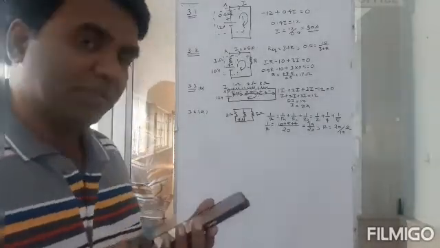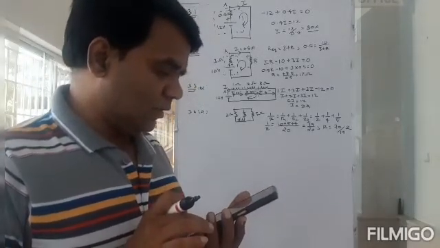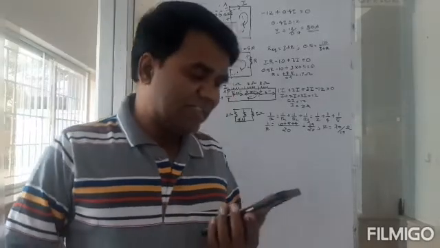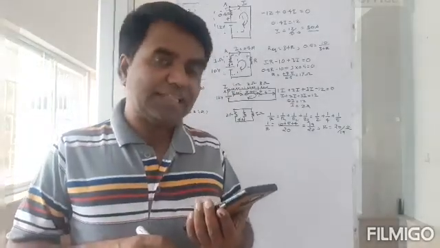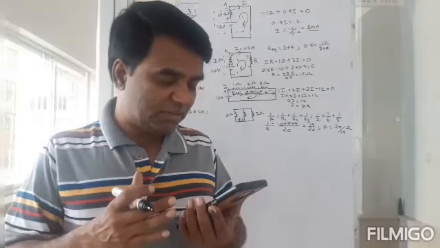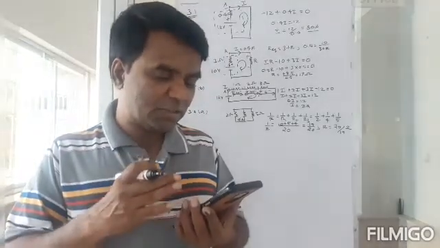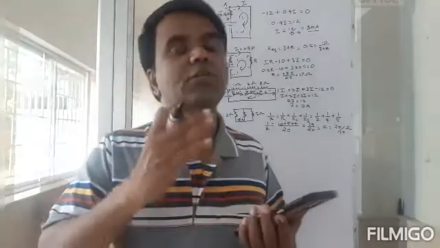Then what happens here is this. B part. If the combination is connected to a battery of EMF of 20 volts and negligible internal resistance, then determine the current through each resistor and the total current drawn from the battery.